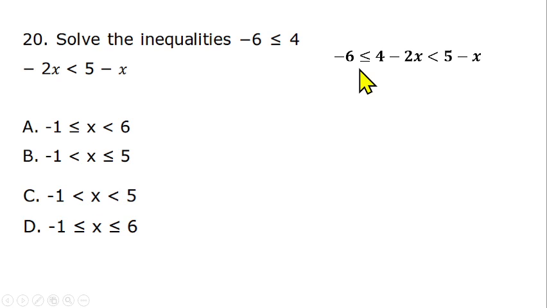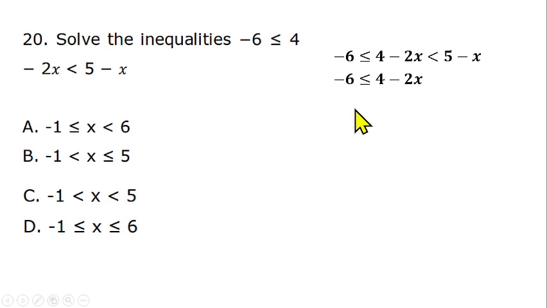This is two inequalities combined together, so we can split it. The first is minus 6 less than or equal to 4 minus 2x.